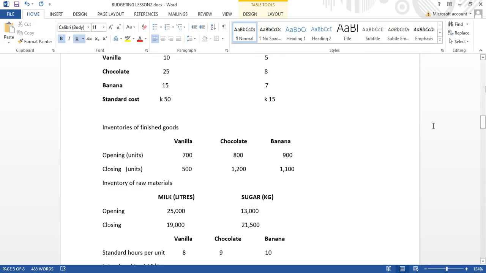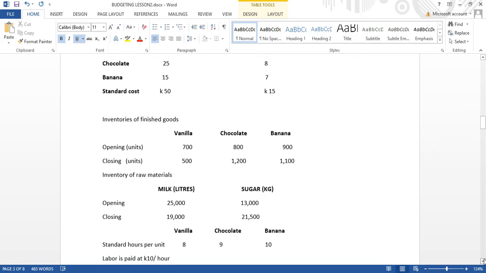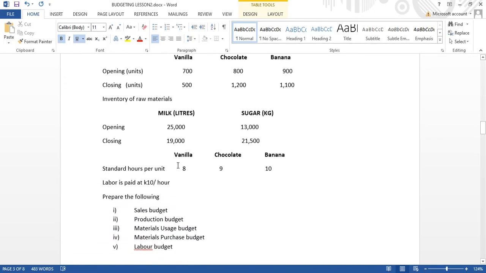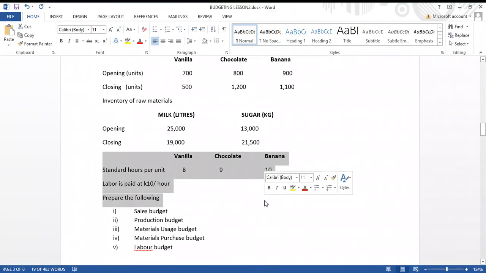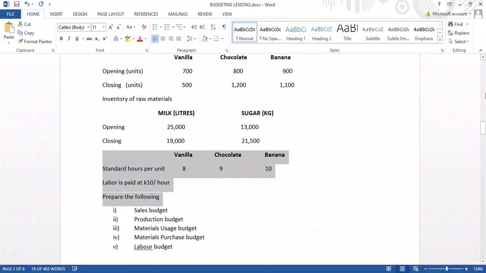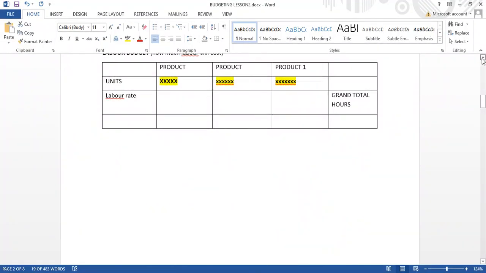Then finally, we can come to our labor budget. The information we need for our labor budget here is our standard hours per unit and our labor rate. So for our labor budget, just get my table here.